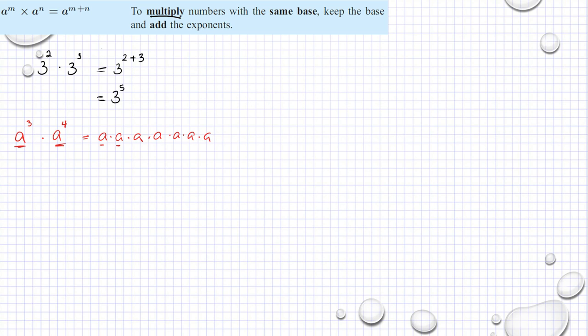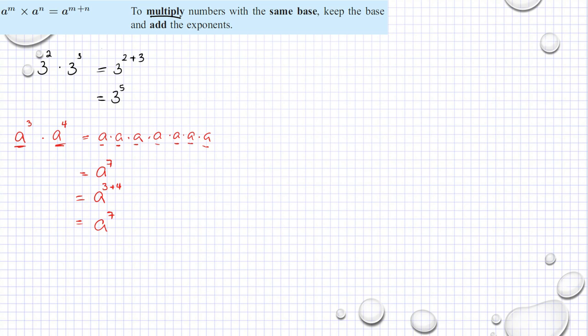As you can see, 1, 2, 3, 4, 5, 6, 7, and we have a raised to 7. It's the same as, keep the base and then add the exponents. Then we have a raised to 7. Okay, so I hope that's really clear for you.